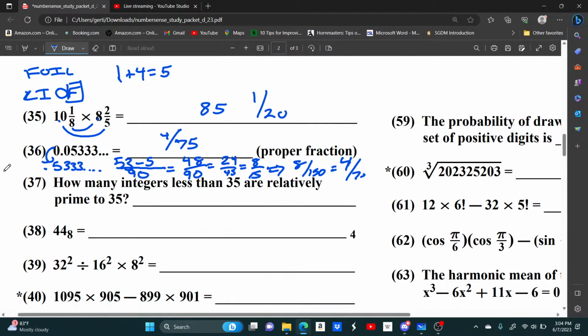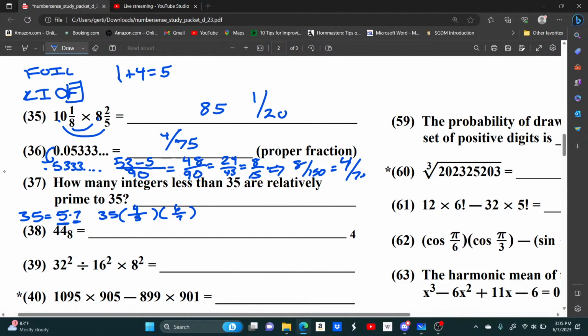All right, number 37. How many integers less than 35 are relatively prime to 35? To do this, you have to find all the prime factors of 35. It doesn't matter what power they're raised to; the prime factors are 5 and 7. Once you have that, you take 35 and multiply by these fractions. Each fraction has a denominator that's the prime number and a numerator that's one less than the prime number.